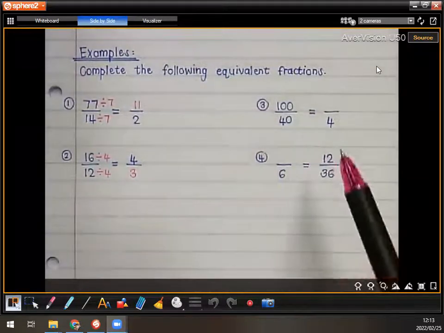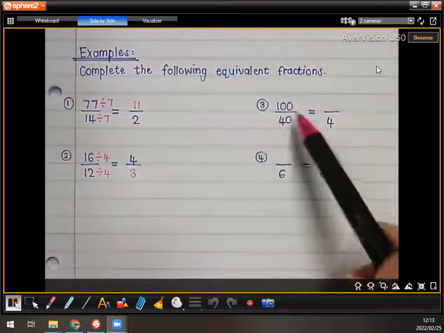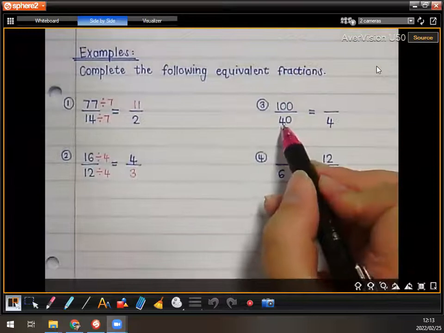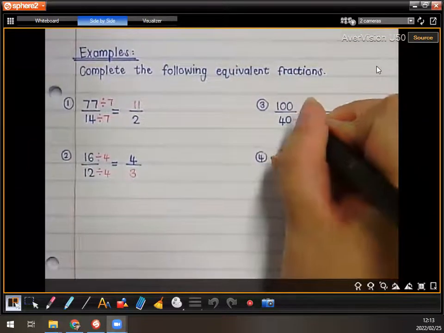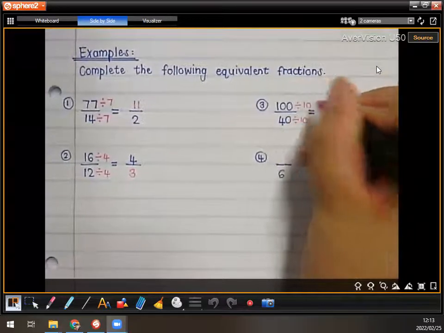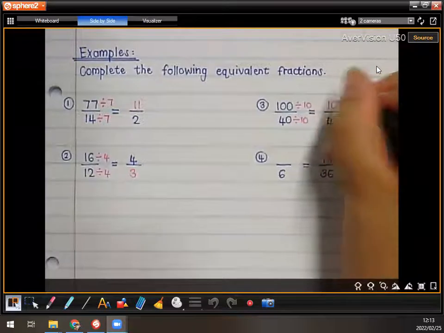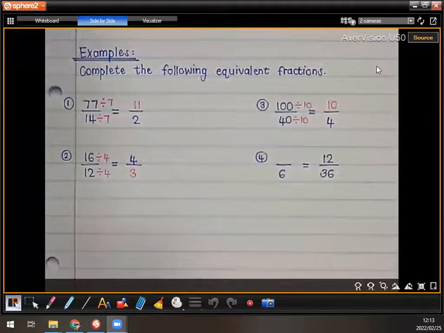Okay, for number 3, 100 over 40, this was an easy one. You could just kind of skip. And just a proper method, you would say, okay, to go from 40 to 4, you need to divide by 10. So you would have to do the same thing at the top, and 100 divided by 10 is 10. Now guys, is 10 over 4 the simplest answer there? Is that the simplest form of the fraction?